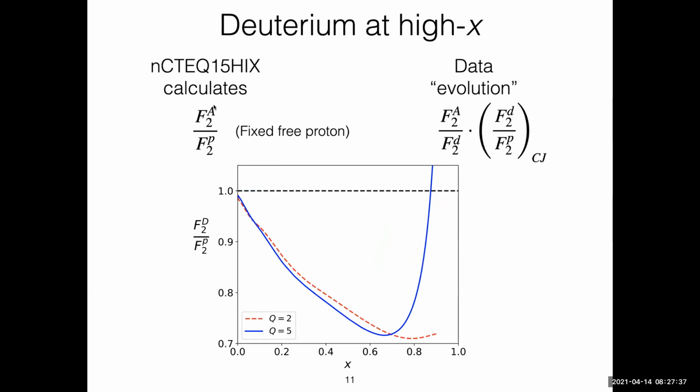So essentially we're now comparing apples to apples, but we're using a parameterization for the data to go away from D and to P so we can calculate the same thing. What I'm showing here is the ratio of F2D over F2P as a function of X. So this is that evolution factor that we have to apply to the data to then compare it to our calculation.